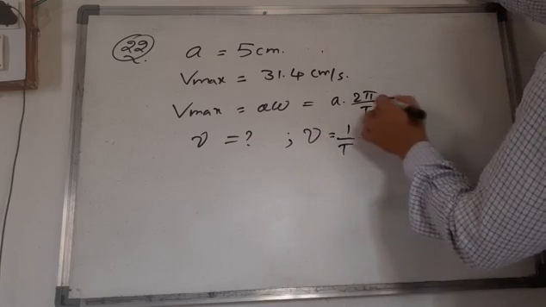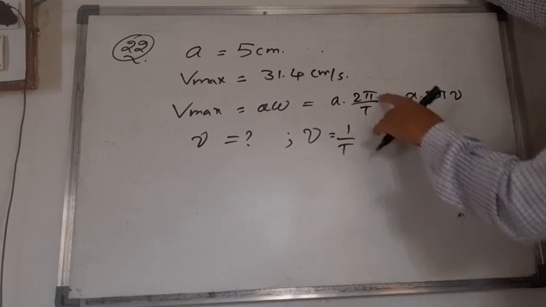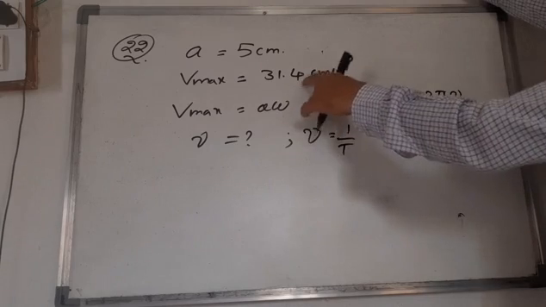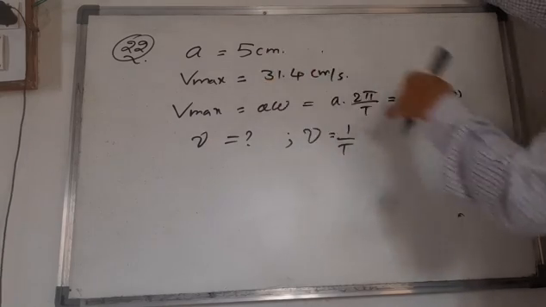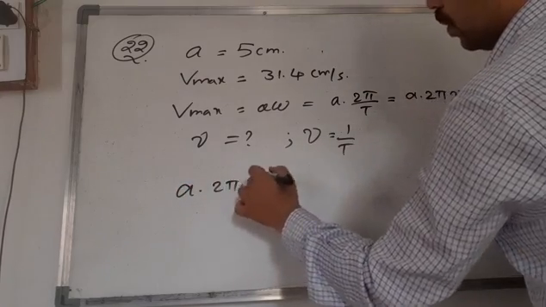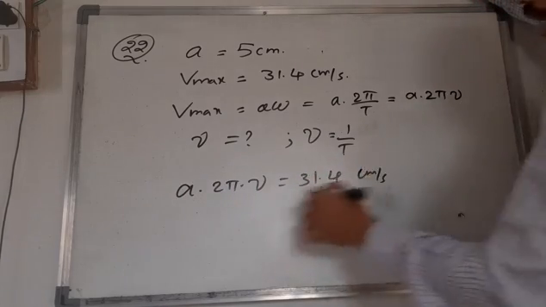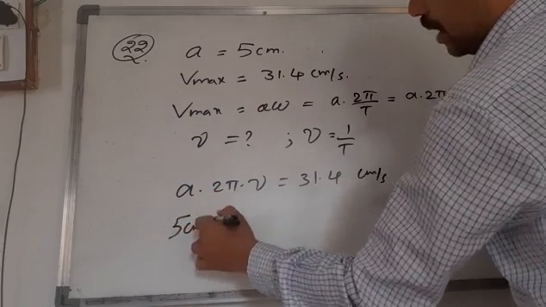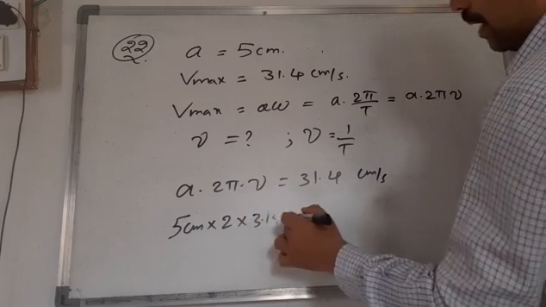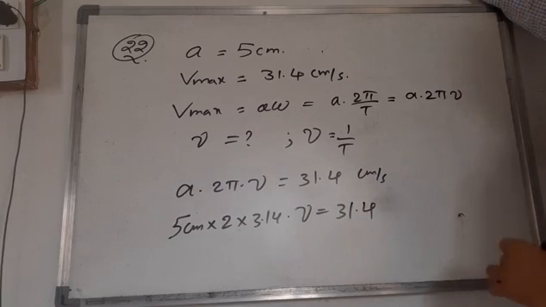So in this place we can write A into 2 pi nu, since 1 by T can be written as nu, the frequency. So equate this with this one and substitute the A value. What will you get? A into 2 pi into nu is equal to 31.4 centimeter per second, and A is 5 centimeters, and pi value is 3.14, into nu is equal to 31.4.